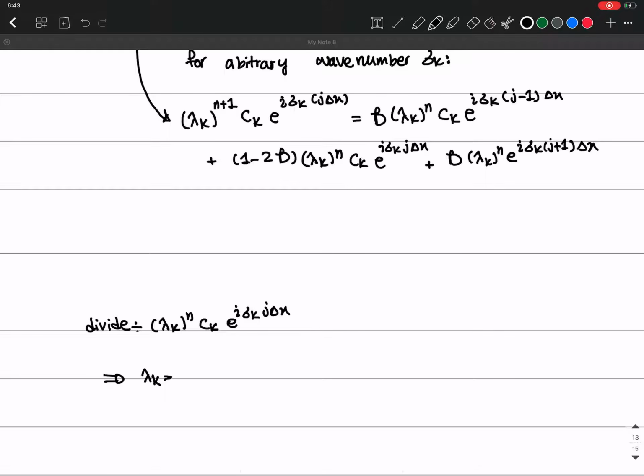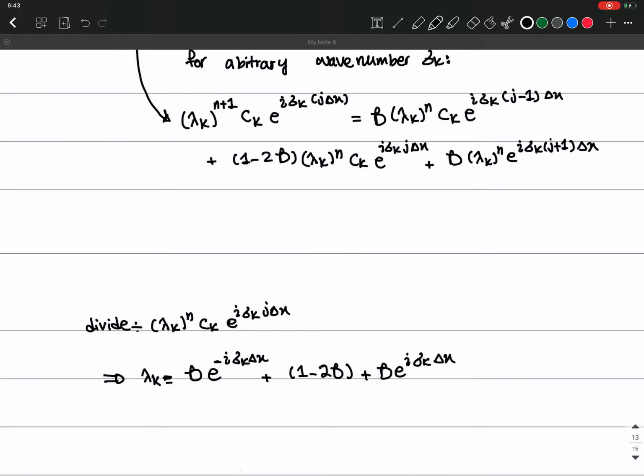On the right hand side, the first term is going to be d e^(-i sigma_k delta x) plus 1 minus 2d, plus the third term is going to be d e^(i sigma_k delta x).